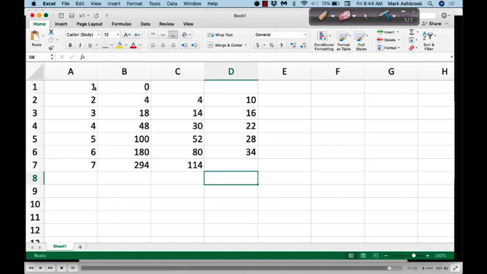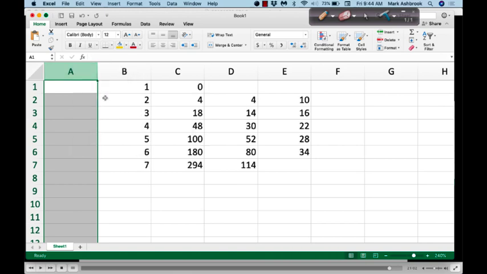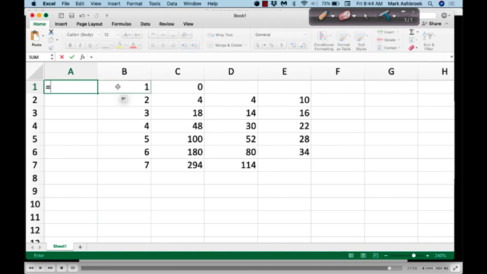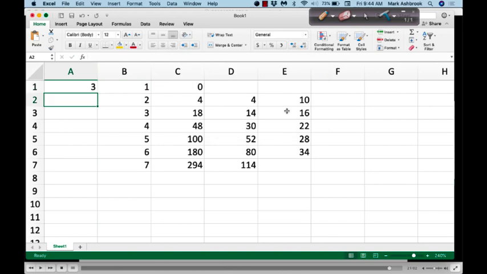So I'll insert a column here. So let's just start by listing the cubes of these numbers and see if that helps come up with a formula for this. So I'm going to do the cubes of these. So I'm going to say equals this cubed. Equals that.